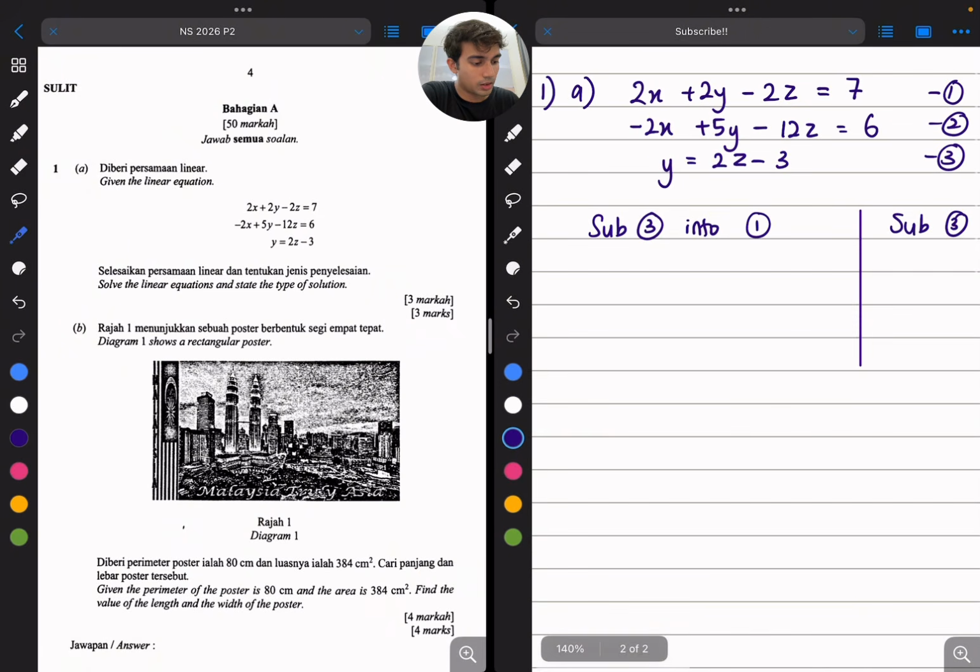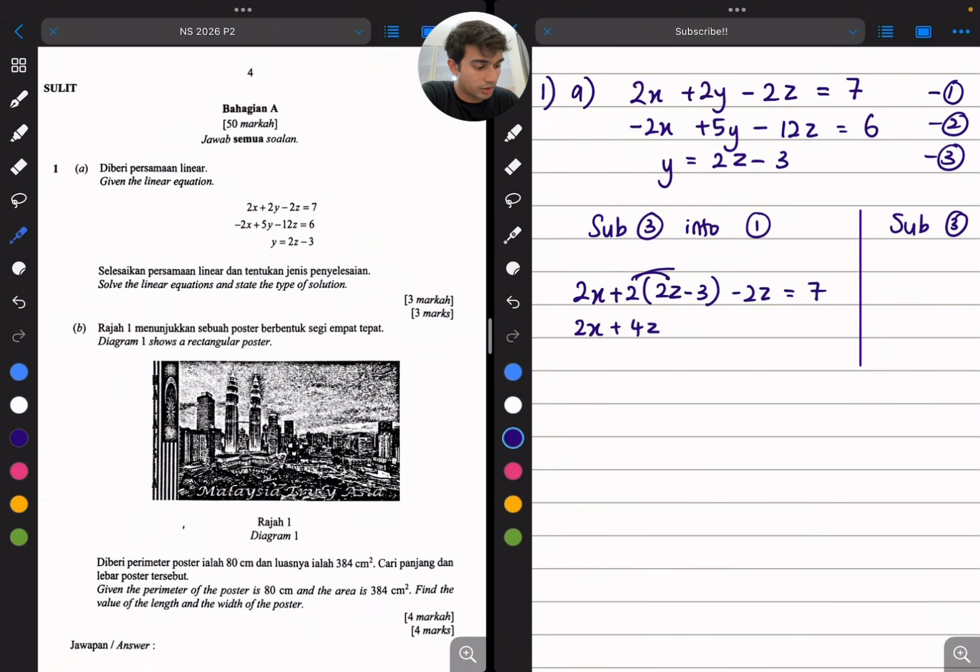Subbing this into equation 1 would be subbing this into the y here. So we can say 2x plus 2y minus 2z equals 7. Then we expand this.